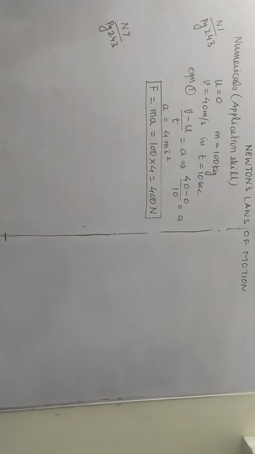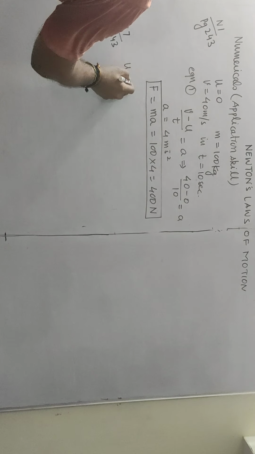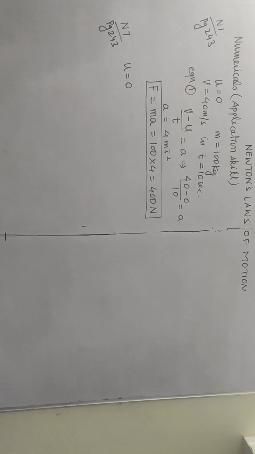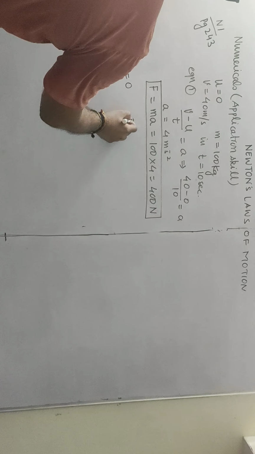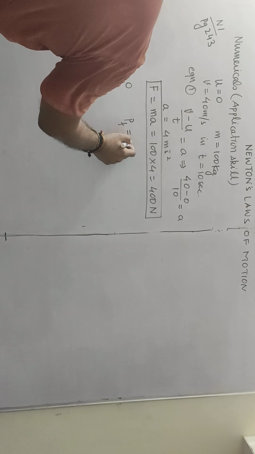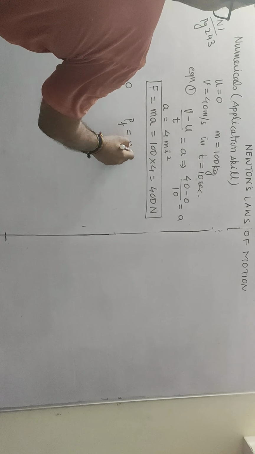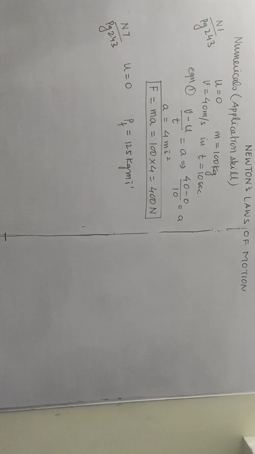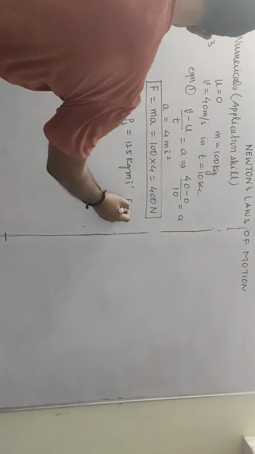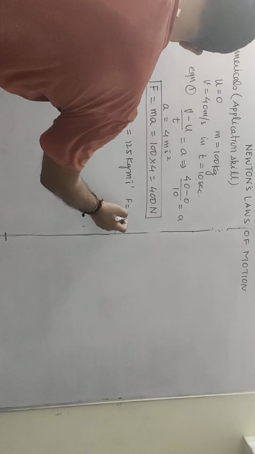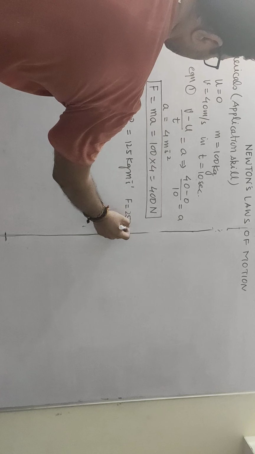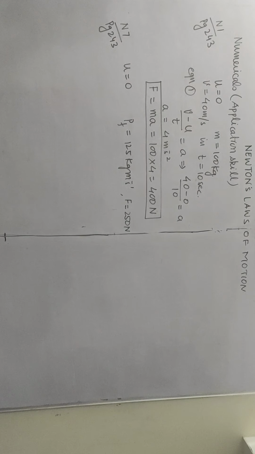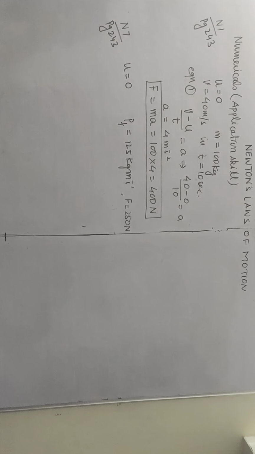A body starting from rest again attains a linear momentum, this is final linear momentum, which is 125 kilogram meter per second, under the action of a force of 250 Newton. This is also given. How long does the force act on the body? You need to find the time for which the force is acting.